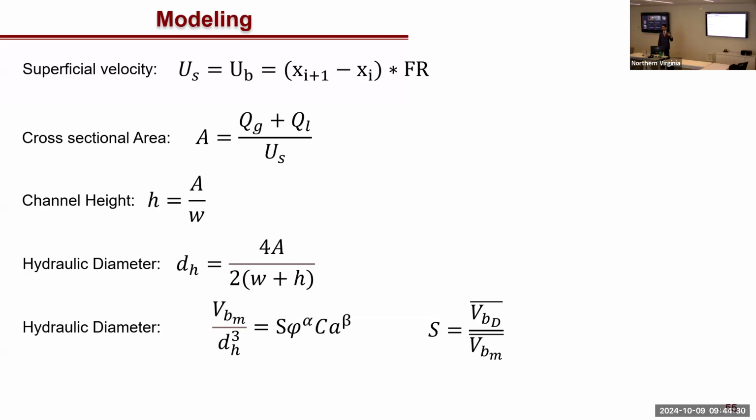We then got a channel height from this cross-sectional area, and then we used a new metric for this. The characteristic length of a square channel is its width, but for a rectangular channel, you have to define something different. This is commonly used as the hydraulic diameter, as displayed in that equation.